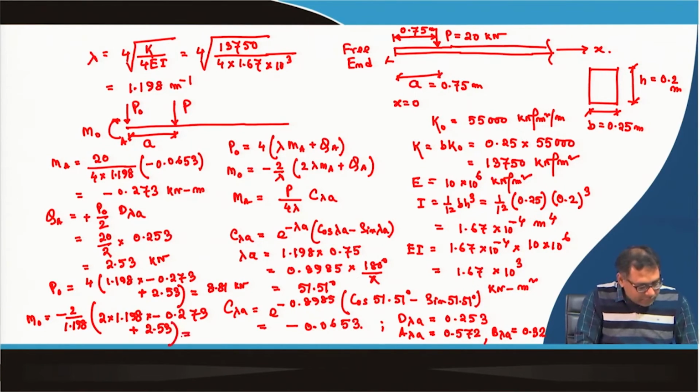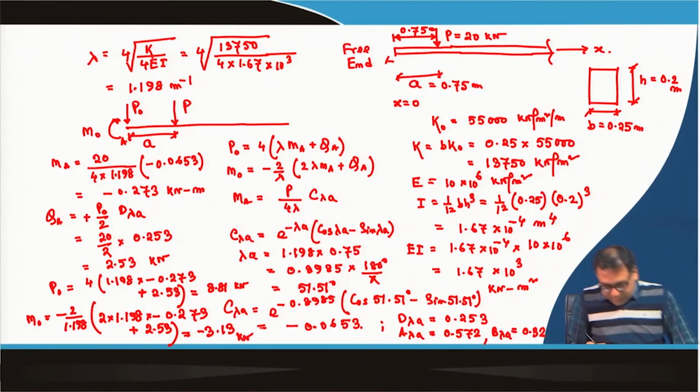So, this is equal to minus 3.13 kilonewton meter. So, now we have calculated the end conditioning forces P 0 and M 0, and these values are 8.81 kilonewton and minus 3.13 kilonewton meter respectively.